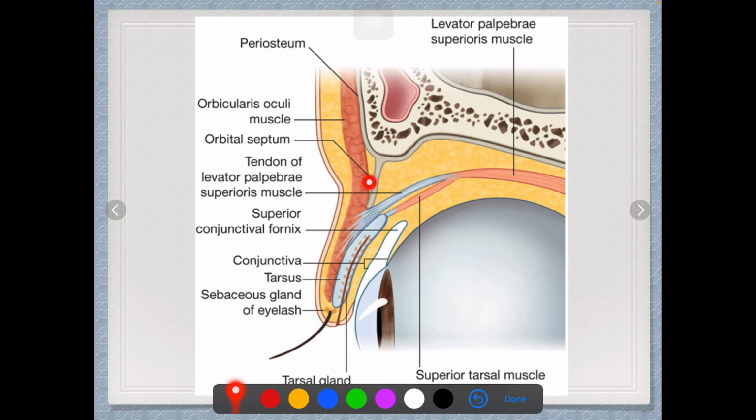The infection anterior to this is called preseptal cellulitis, while if the infection extends posterior to it, it is orbital cellulitis. Infection in preseptal cellulitis affects this area here. It can go even up onto the forehead, and this area is the preseptal infection area.